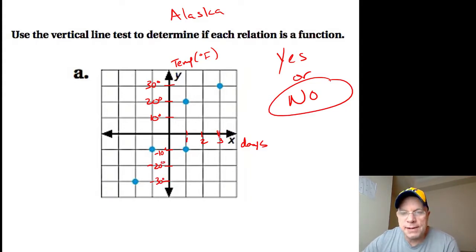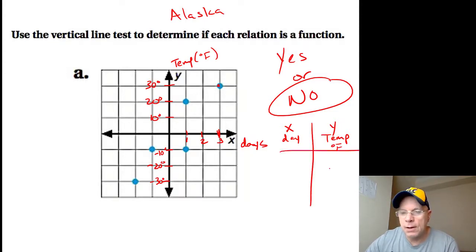If we look at day 3 of my computing average temperature, on day 3 the temperature was -30. So if I did a little input-output table here, x, y, where x is the day that I'm checking and y is the temp in degrees Fahrenheit.